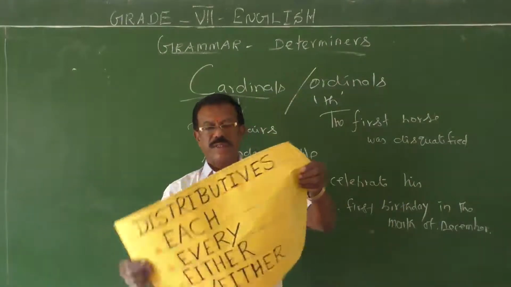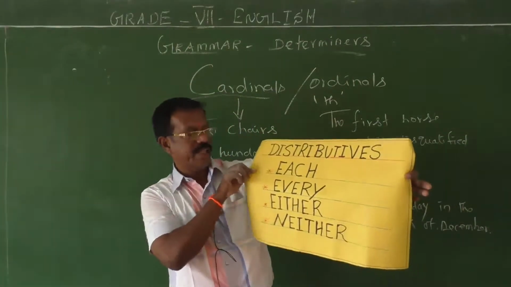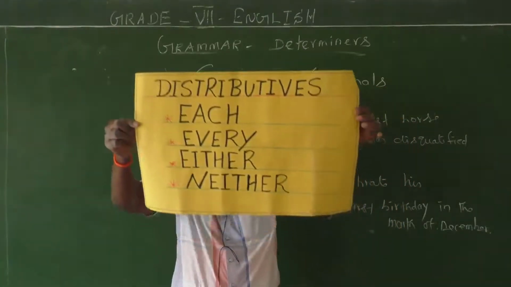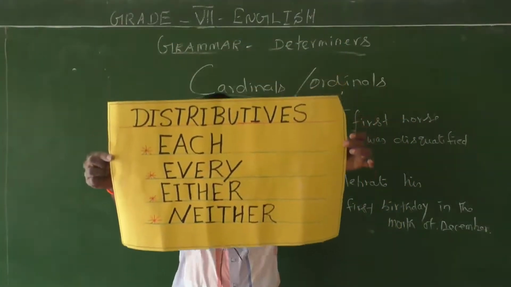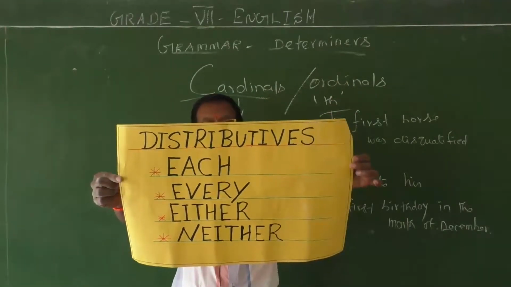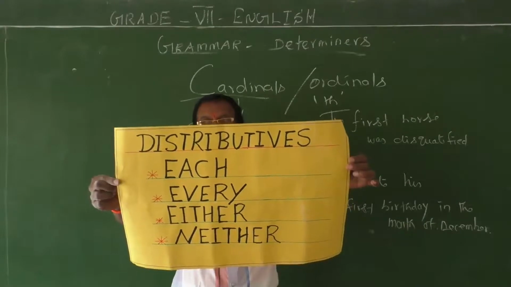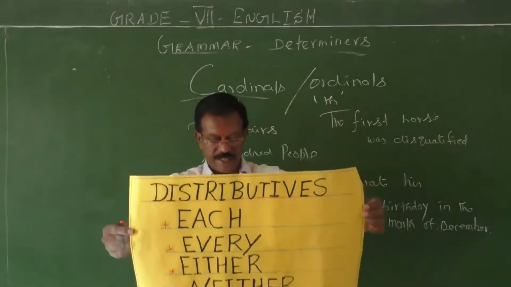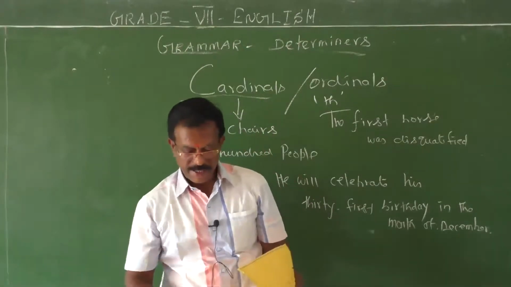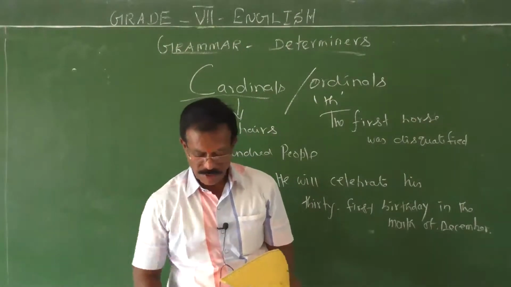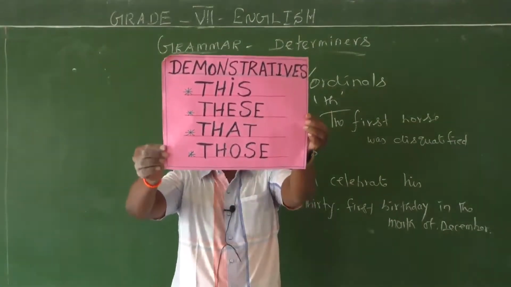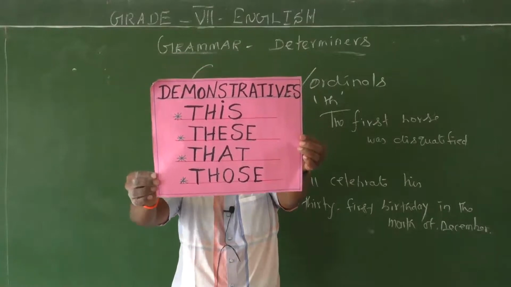See the distributives: each, every, either and neither. They are also called determiners, because they are used before nouns to restrict their meaning. So possessive, distributive and demonstrative. We use demonstratives as determiners: this, that, these and those.